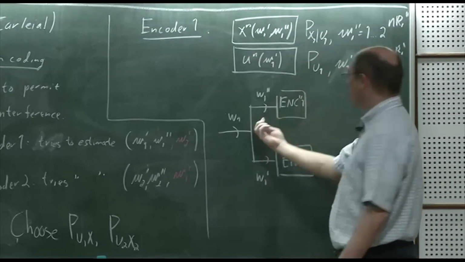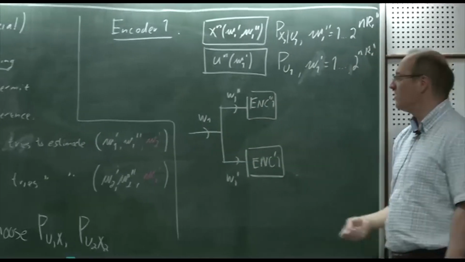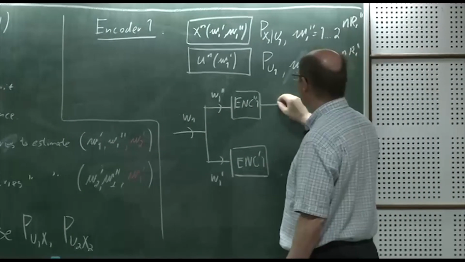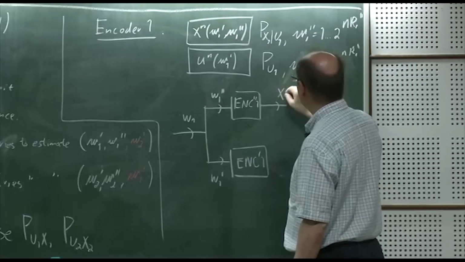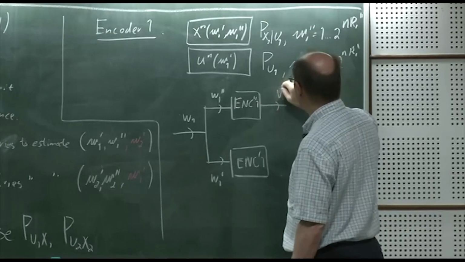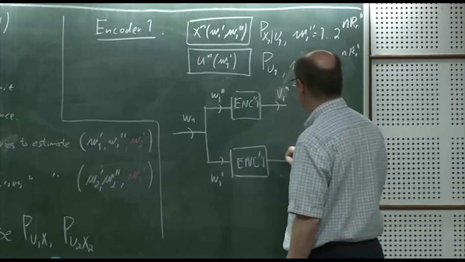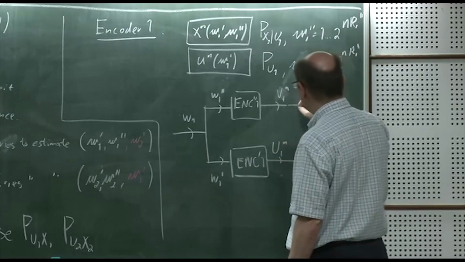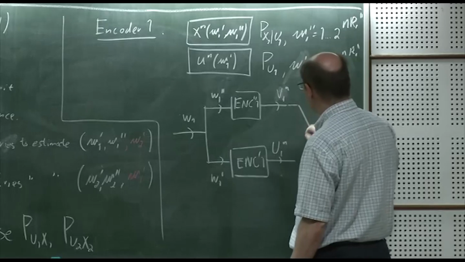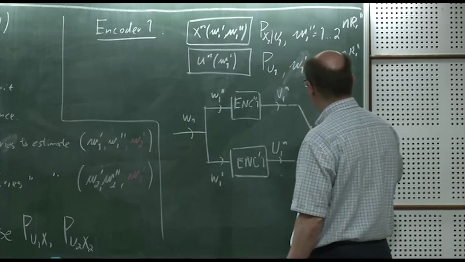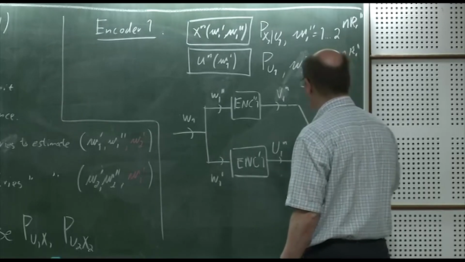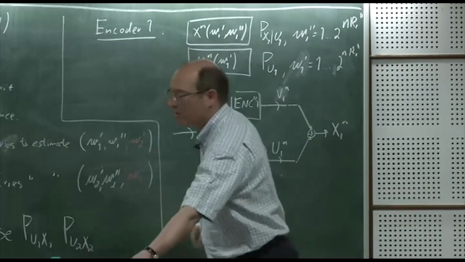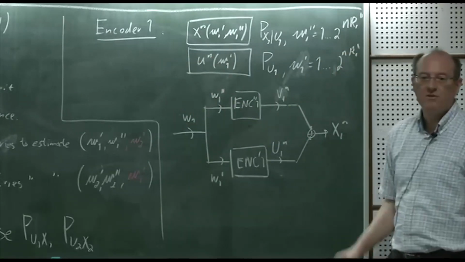You could just take those bits and stuff them into a code. Then here we'll get our V1^N, and here we'll get a U1^N, and then we'll scale those properly and just add them up. And that's our X1^N. So that's the practical way of doing it, and that's how Carleial described it, exactly like this.